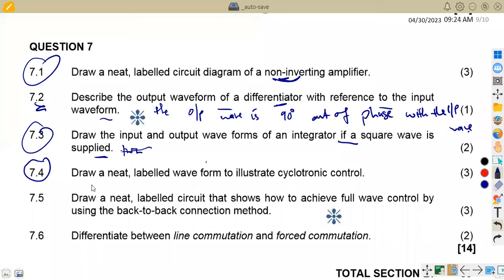All right, then 7.5 is to draw again a labeled circuit that shows how to achieve a full wave control by using the back-to-back connection method. So this is our diagram that we have for a back-to-back connection.